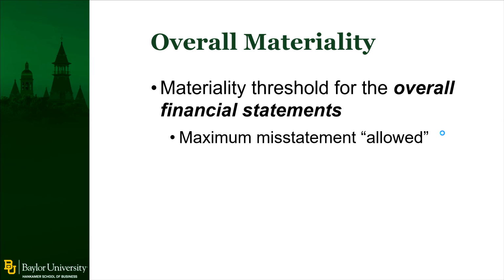If the financial statements are misstated by more than our overall materiality level, then we have a problem, and management needs to record a correction to the financial statements before we as auditors could give them a clean opinion. Otherwise, we have misstated financial statements, and nobody wants that.